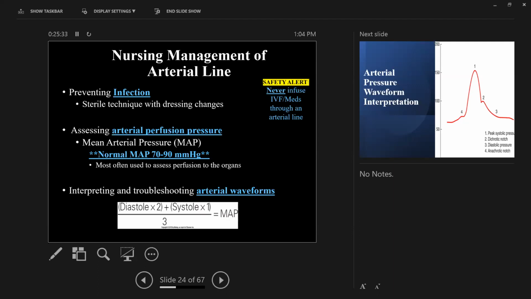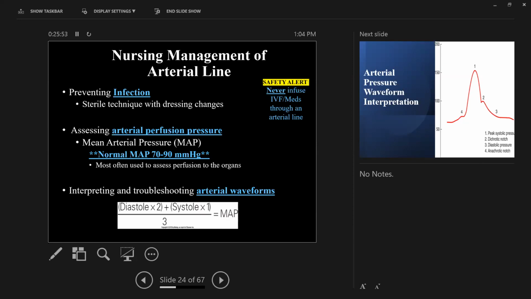Okay. Now, I put this formula here because I used to have a pulmonologist who said, don't your students know how to calculate a mean arterial pressure? And I said, yes, of course they do. Certainly I look at the machine and it tells me. But let's say we have a pressure of 120 over 80.